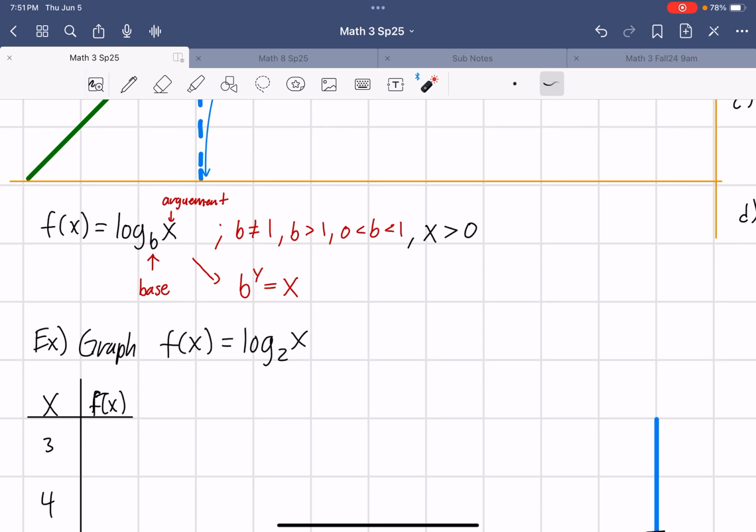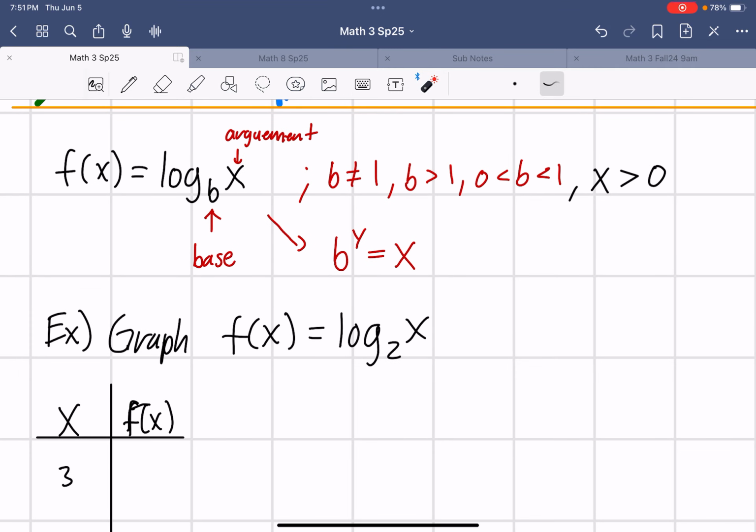And similar to the exponential, I can't have my base be 1. It has to be strictly bigger than 1. It also cannot be equal to 0. And once again, it cannot be between 0 and 1. And this is just a new addition, that the logarithmic function's argument, meaning what it gets plugged into, has to be strictly greater than 0.